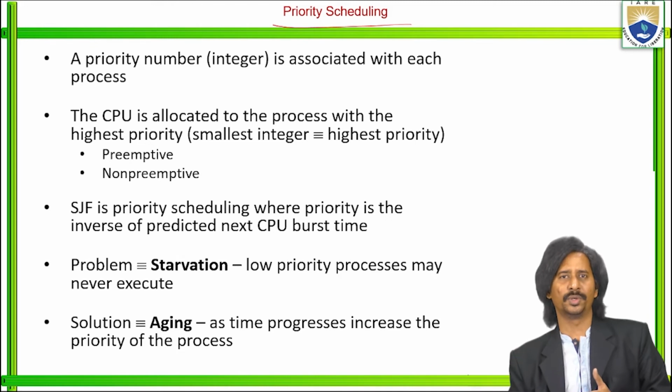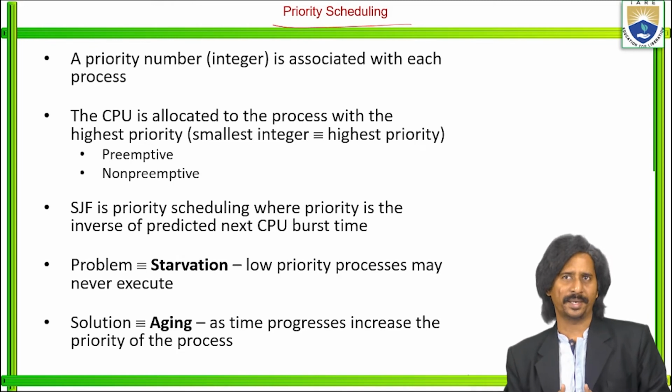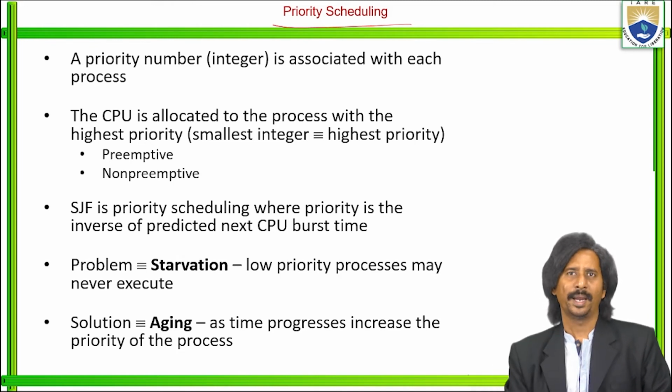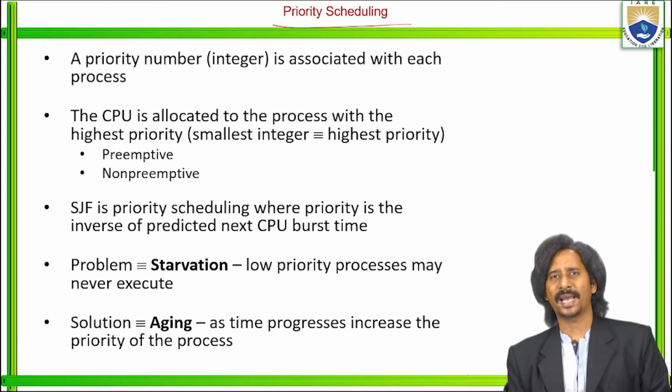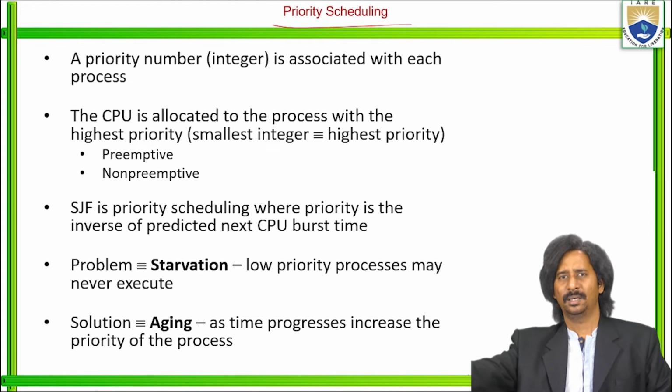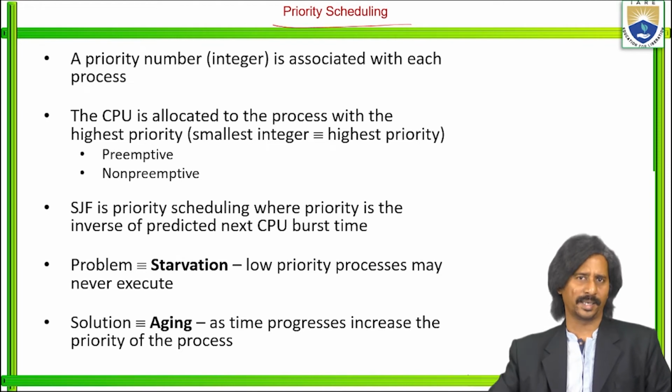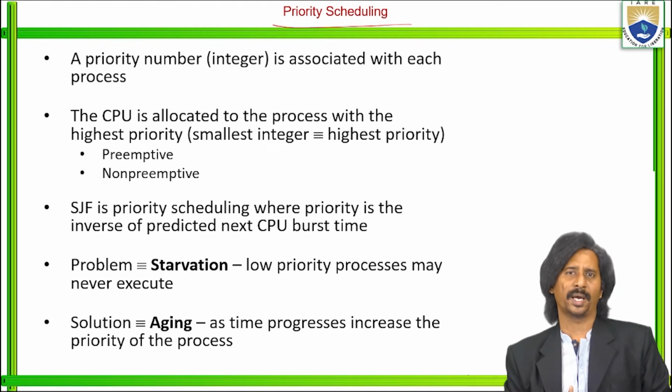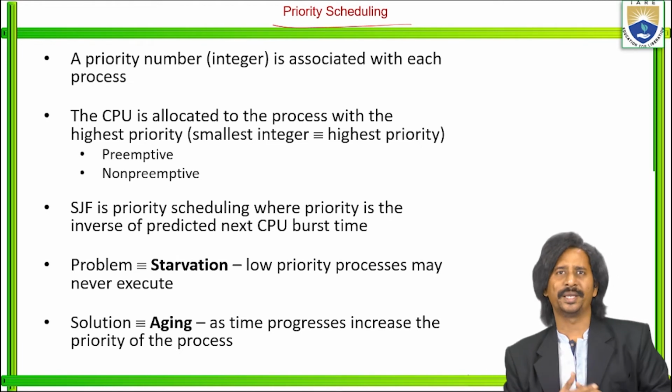In addition to those, in case of priority, we need to assign one particular integer, just like ranks, right? Like a student roll number having first rank, second rank, third rank. So that is the highest priority. We can use the lowest integer number.